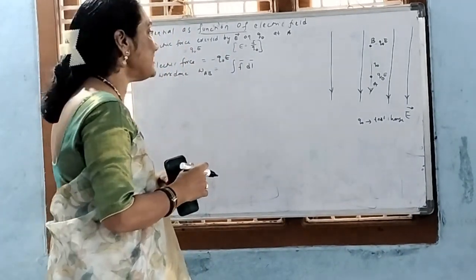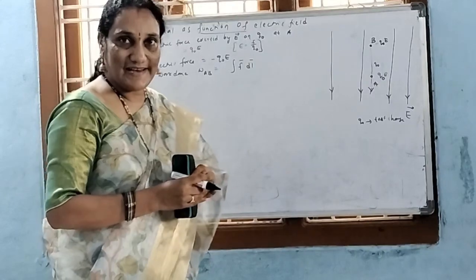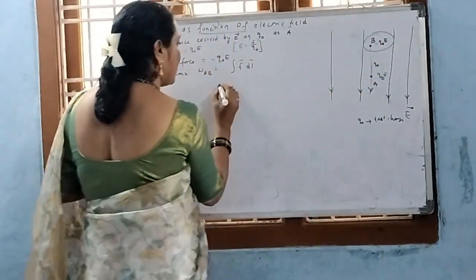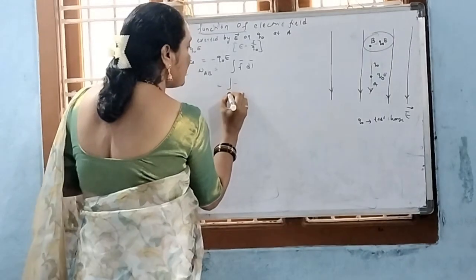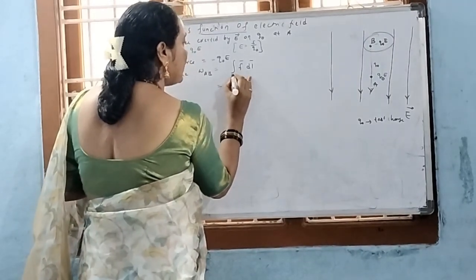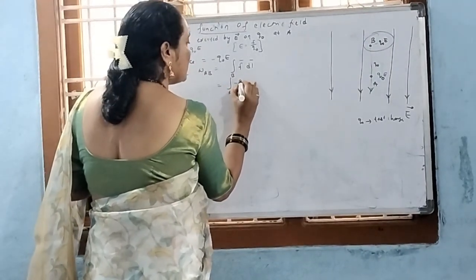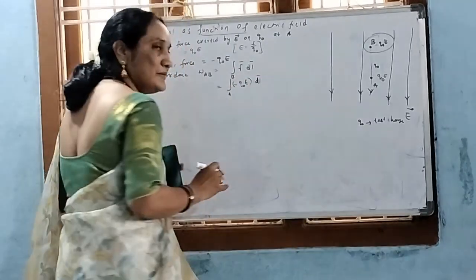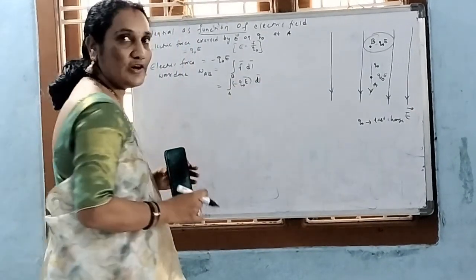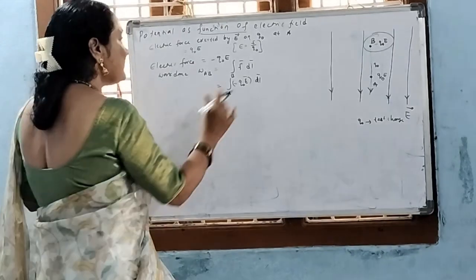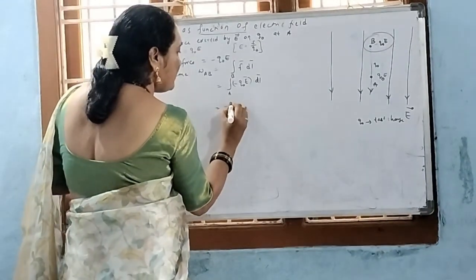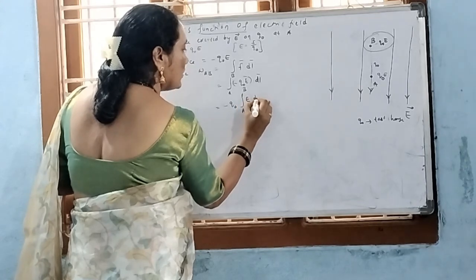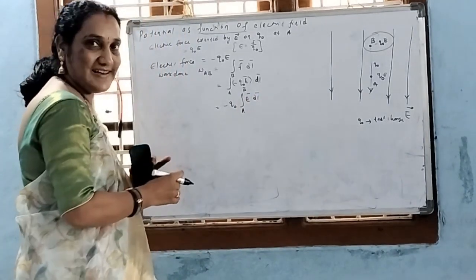The force is minus Q0 E, as we are moving from A to B, so it is integral of minus Q0 E dot dl. This can be written as minus Q0 integral from A to B of E dot dl.